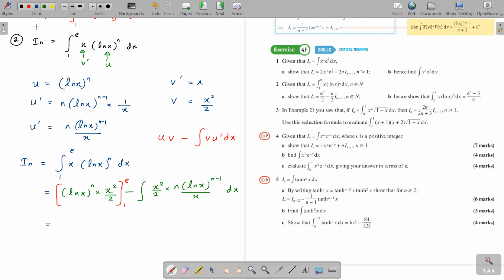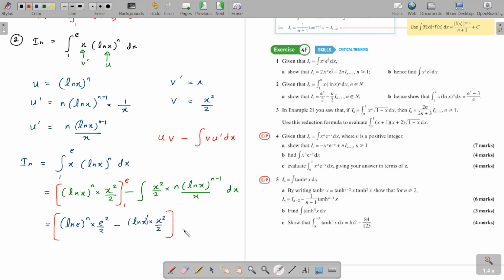What do we get then? Ln e to the power n into e square over 2. This is the first limit minus the second limit, ln x to the power 1 into x square over 2. So this is basically when you input the two limits, e and 1.